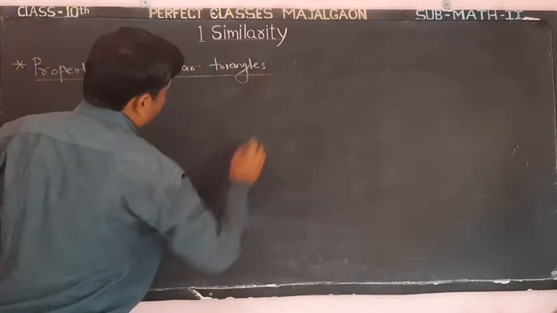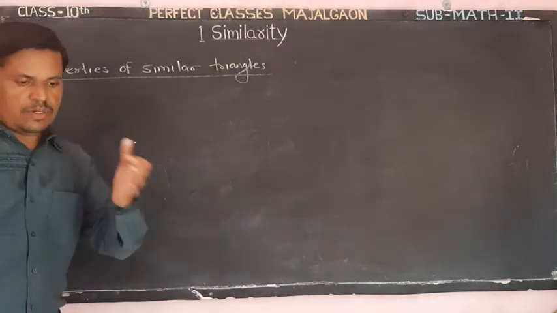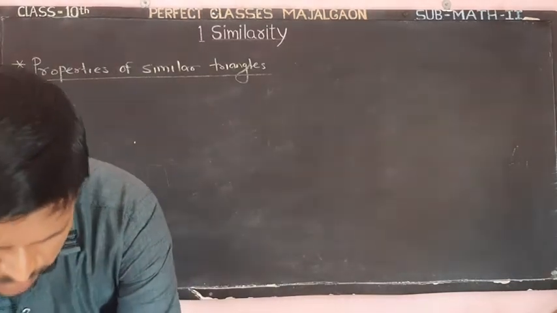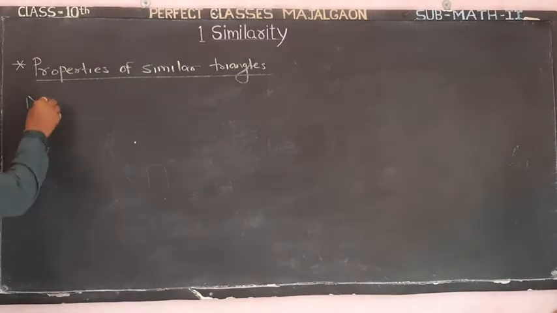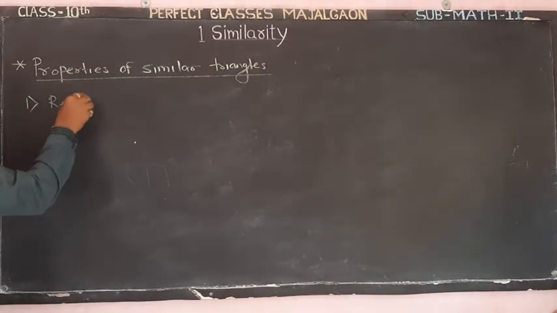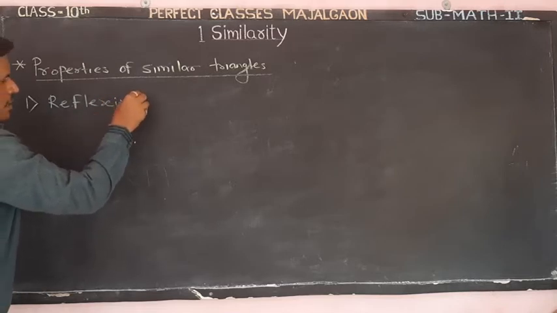There are three properties of similar triangles. The first property, or the name of the first property, is reflexivity.